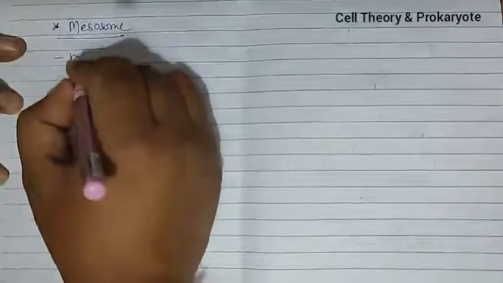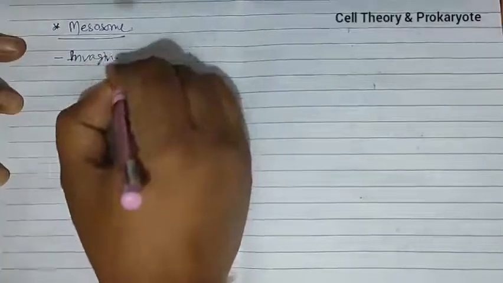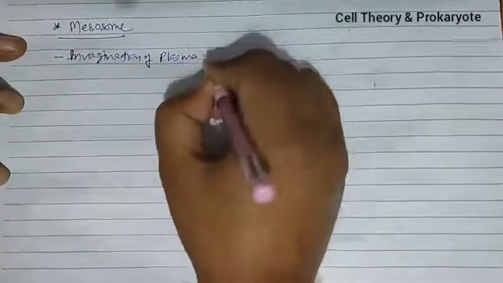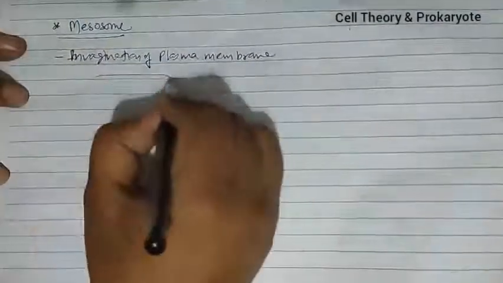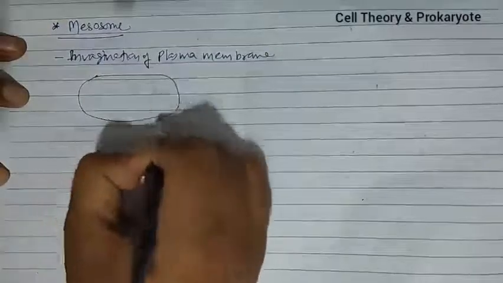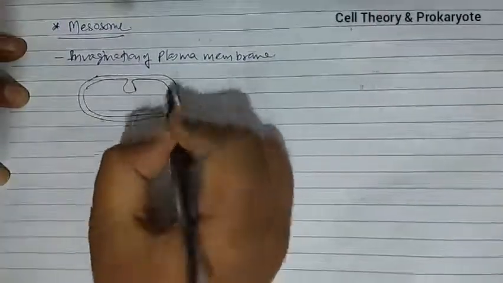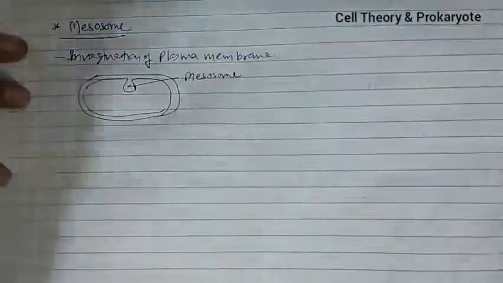Next is mesosome. Mesosomes are invaginations of plasma membrane. Invagination of plasma membrane means, suppose this is a cell wall, and this is a plasma membrane, then here you will find this invagination, and this is known as mesosome.